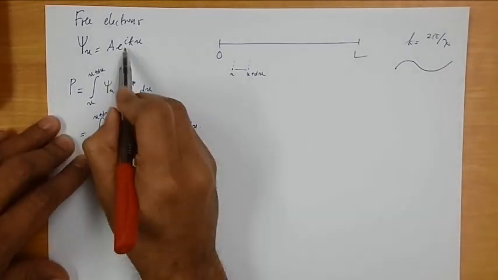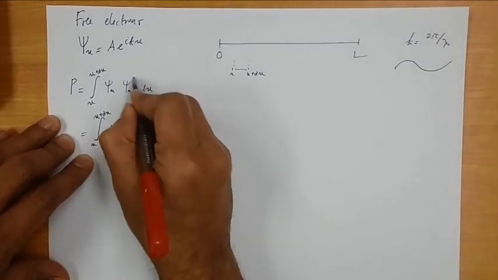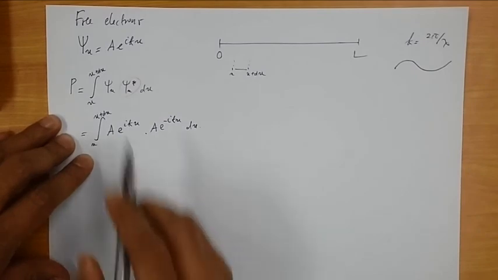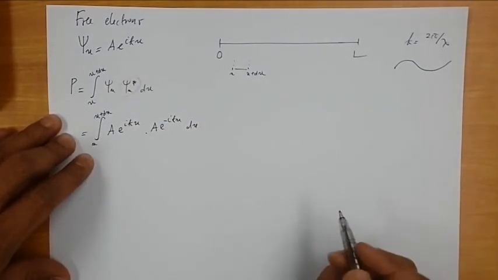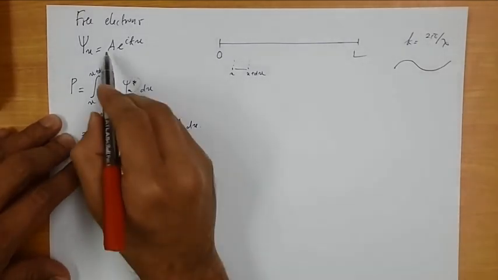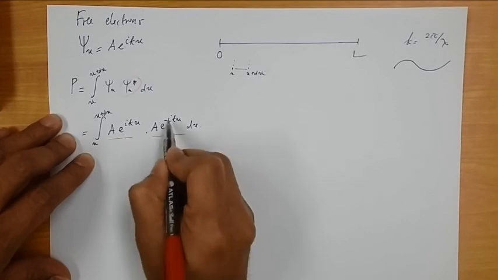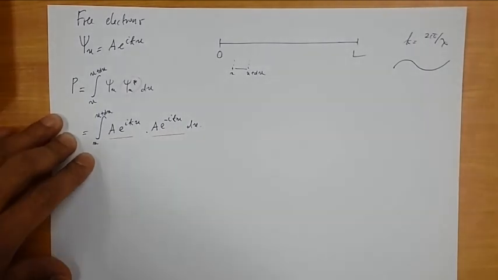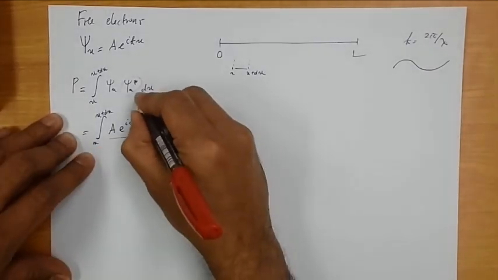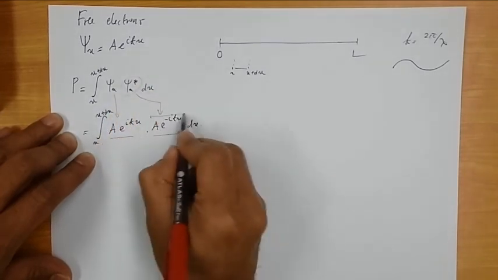If your wave function contains an imaginary number, you have to multiply by its conjugate. If it doesn't, just multiply it by the wave function again, so it's the wave function squared. The conjugate is the same except that the power with the i now has minus i.